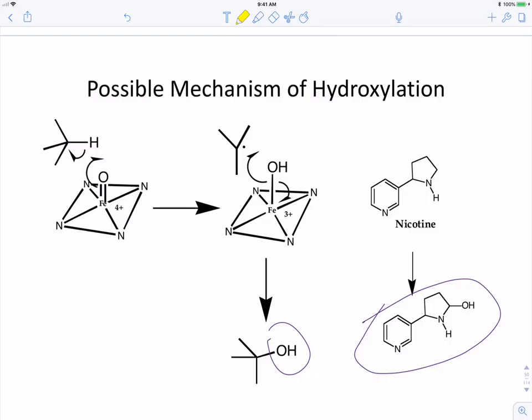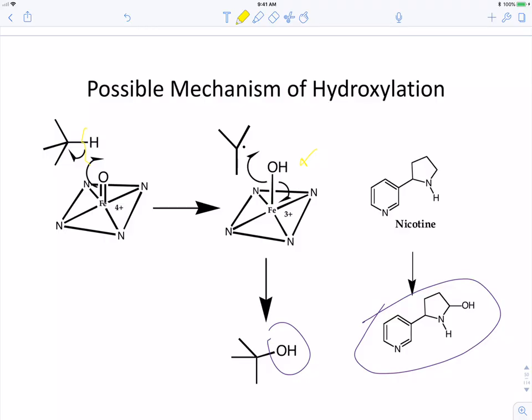How does this compound 1 react? Well, it is thought that it will take up a proton, or rather, a radical, an atom of hydrogen. As you remember from organic chemistry, this arrow with a single barb indicates that only one electron moves away, and so we form this hydroxy adduct and a radical on the substrate.